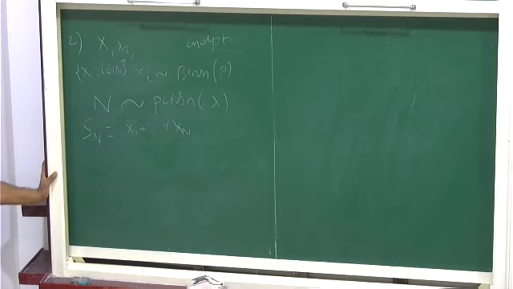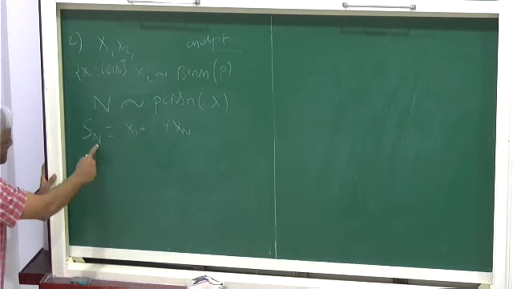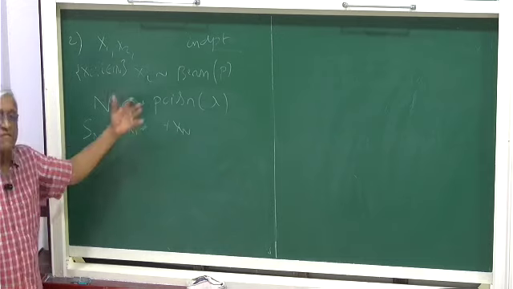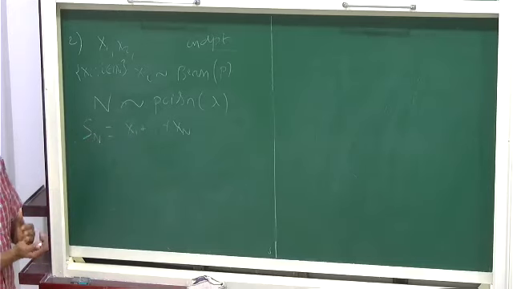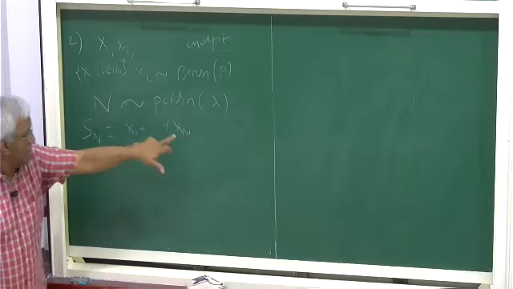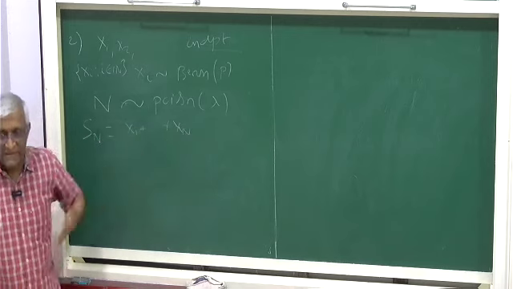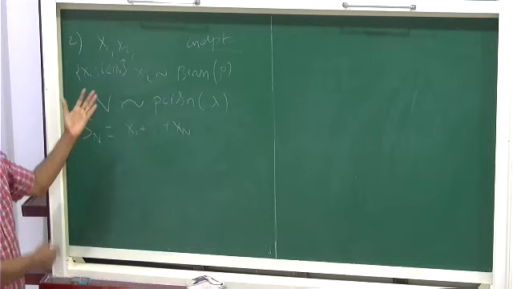Here the n is varying, as you can see. N is a random variable, so the sum is a random variable which depends on the x and then n also. The number of terms in the sum will vary depending upon each omega. There is a probability space in the background.